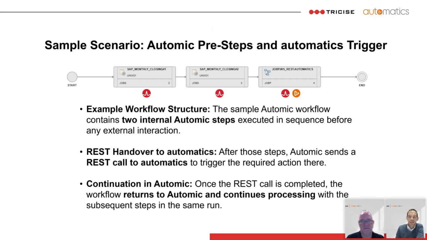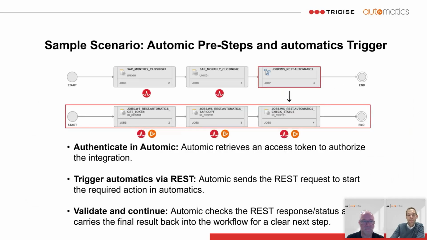And we are working via REST handovers at the end, or REST API calls, for the authentication and for handing over all the necessary triggers and information we need. And as next steps, you have these tasks in the action pack, or jobs, if that's the right wording, which handle the communication between Automic and Automatics fully automatically.